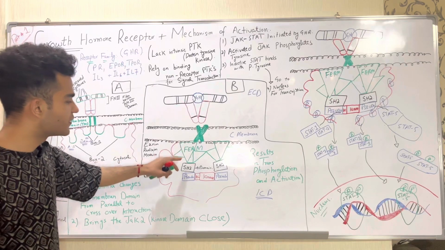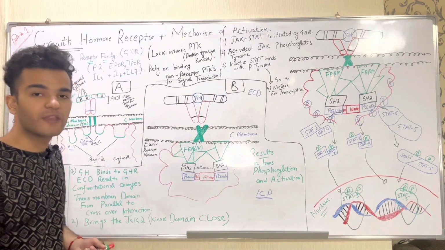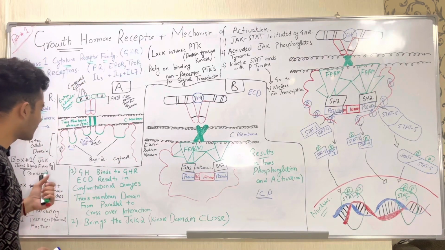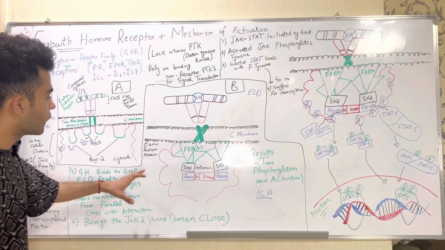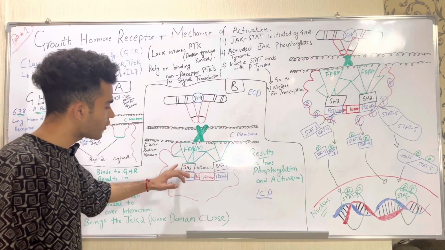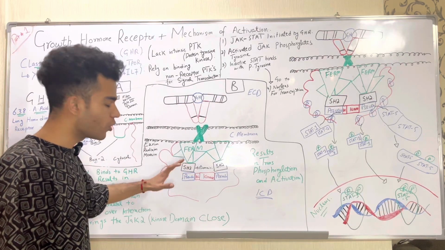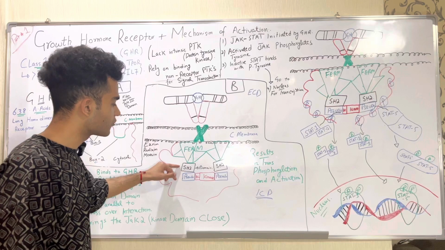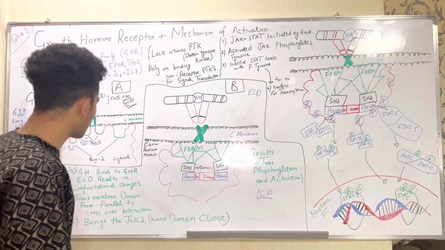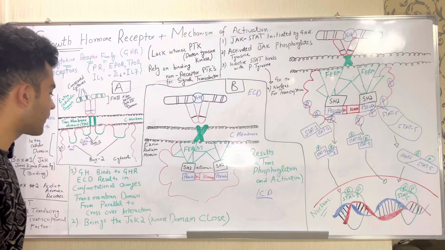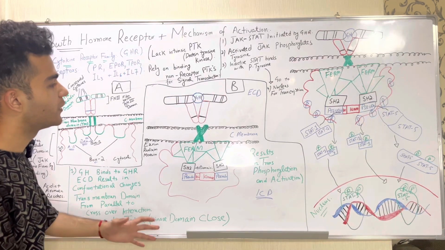What do this SH2 and this FERM domain actually do? Why is it so important that I mentioned them? If there is no SH2 or there is no FERM domain, what will happen? It will not do the binding of different receptors.